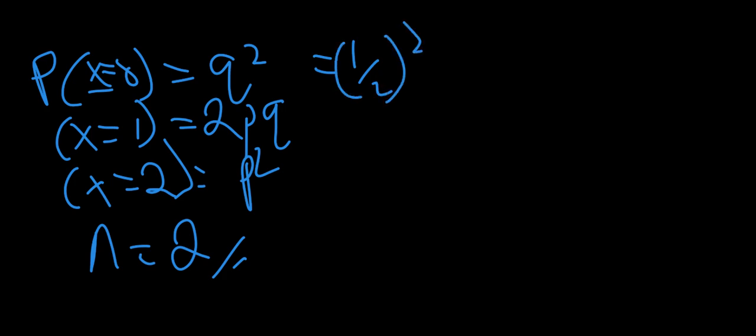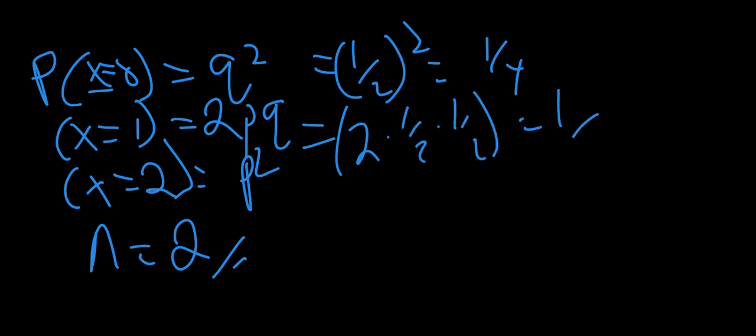So this should just be half squared. We also know that, similarly, the probability of a success is half. So this should just be 2 times half times half, which is half. And the same goes for this last one, which is half squared.